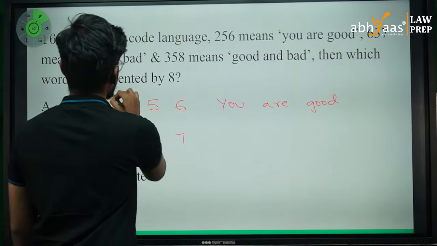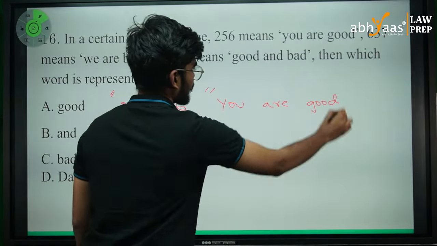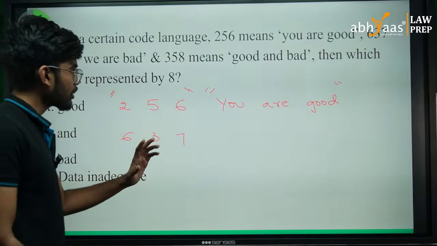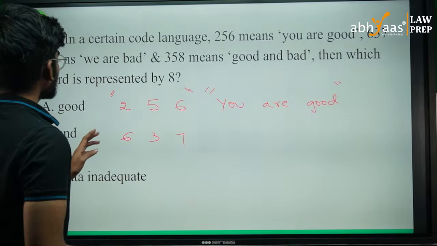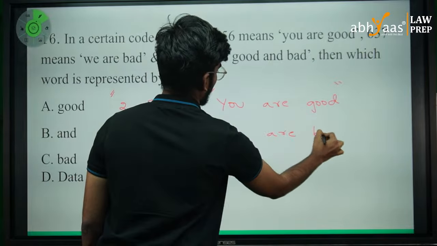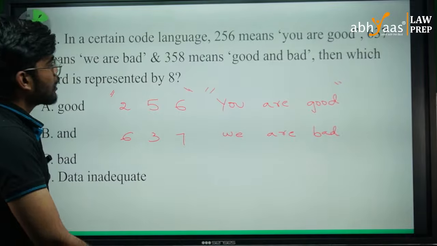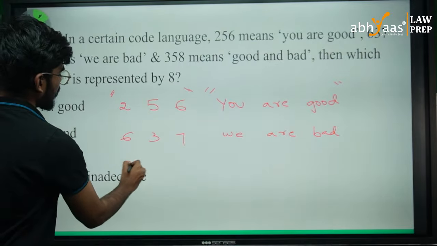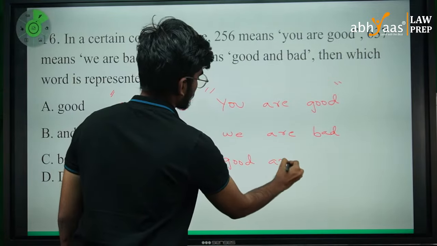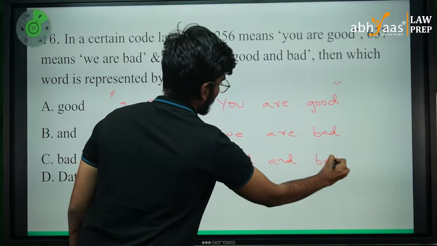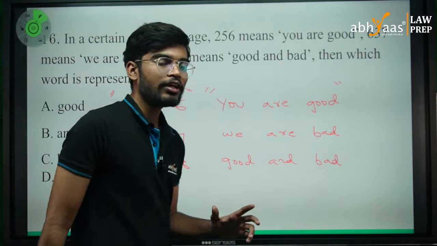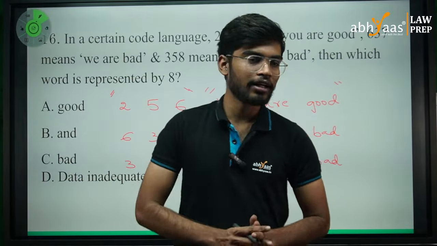Please ignore the grammar, because my intention is to teach you the approach, not the grammatical things. 358 means good and bad. Again, we need not take this much time to answer this question. I'm assuming that you're a beginner and explaining everything in detail.